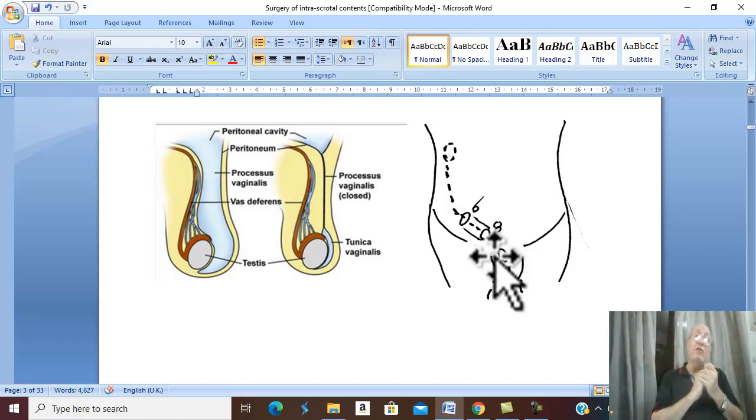The third cause of cryptorchidism is retractile testis. What do you mean by retractile testis?